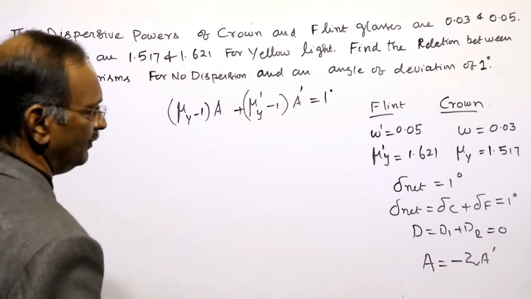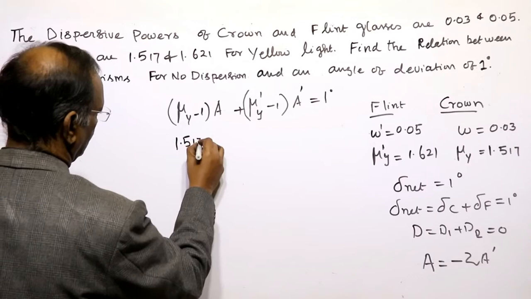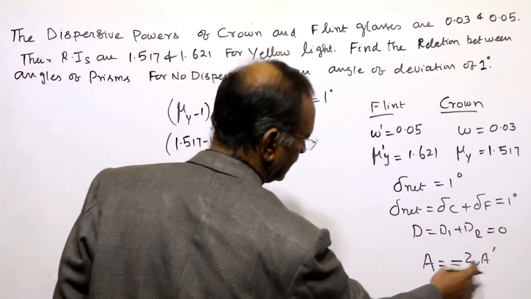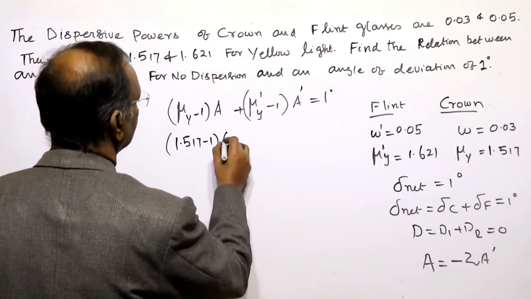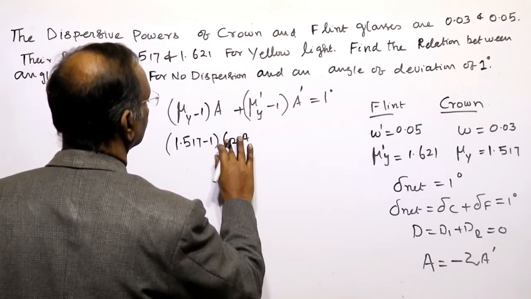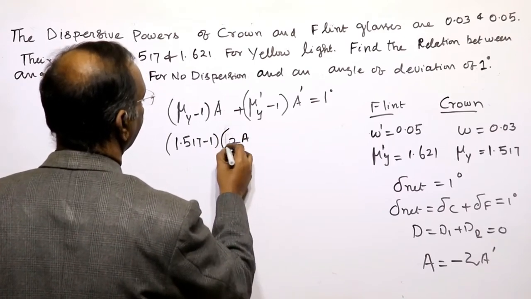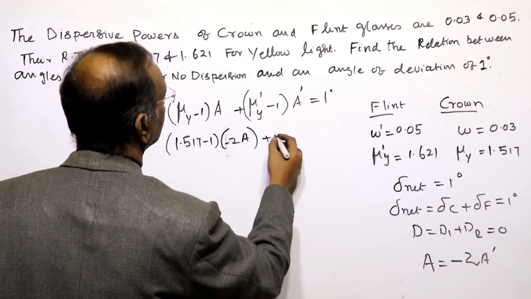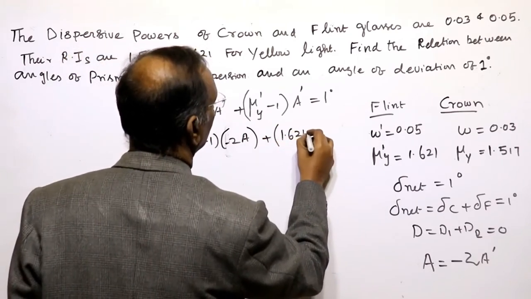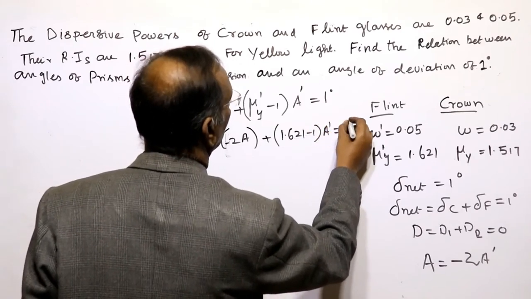So (1.517 minus 1) into the angle, which can be replaced by minus 2A dash, plus (1.621 minus 1) into A dash, is equal to 1 degree.